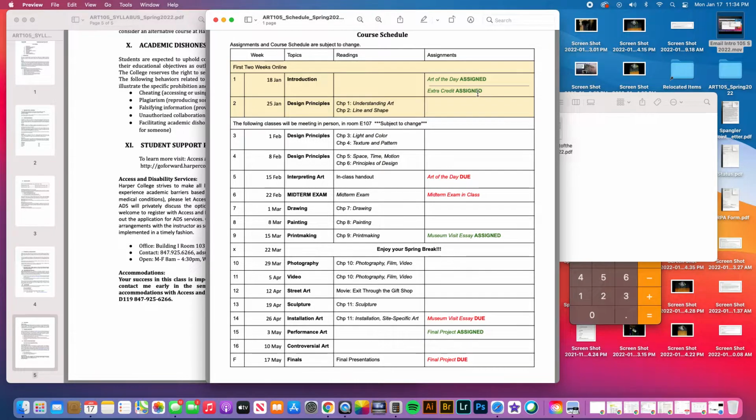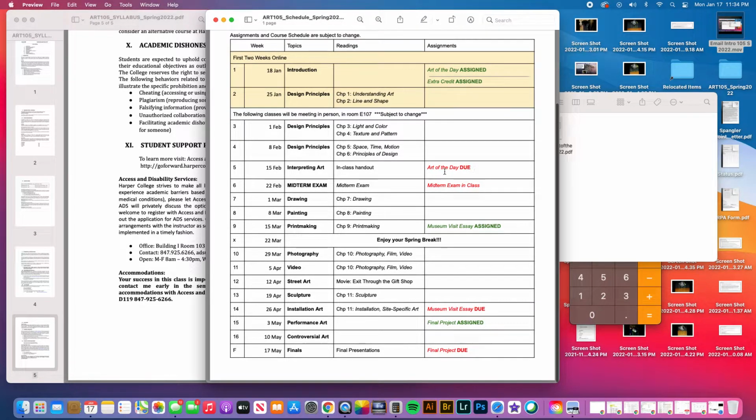And then here it tells you in red when the art of the day is due. So that is February 15th. It's due online on Blackboard. On the 6th week, we have our midterm exam, which I'm sorry is only a third of the way through the semester, but it'll have to do.